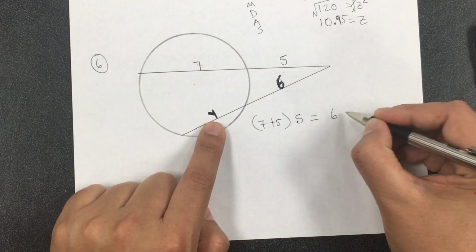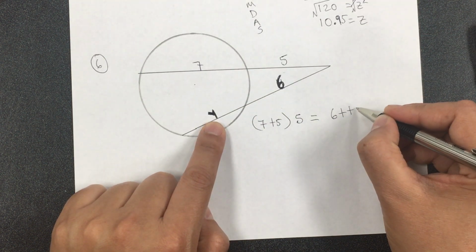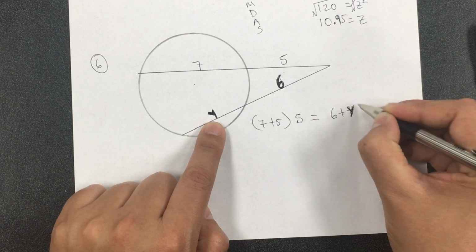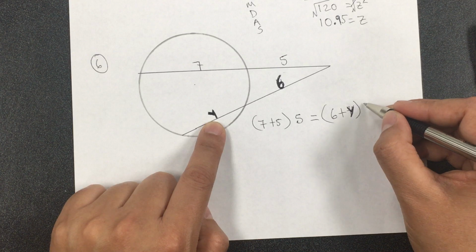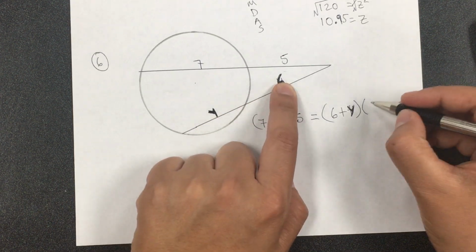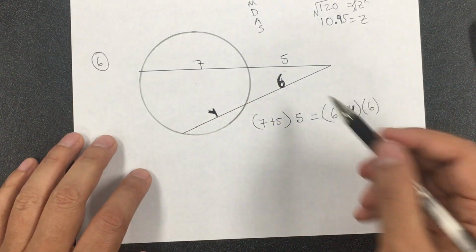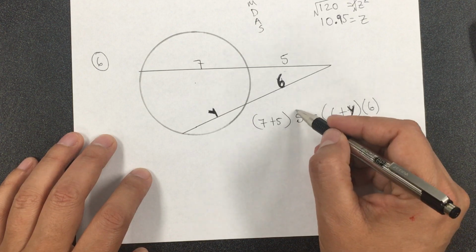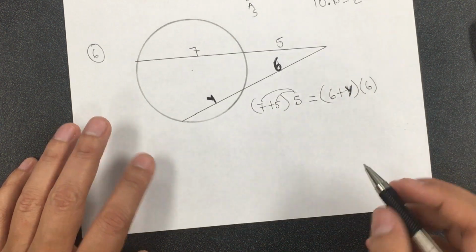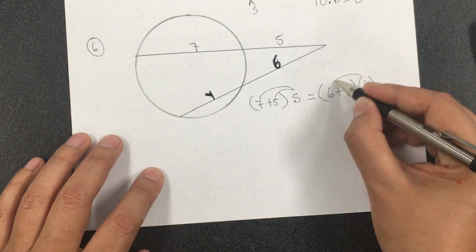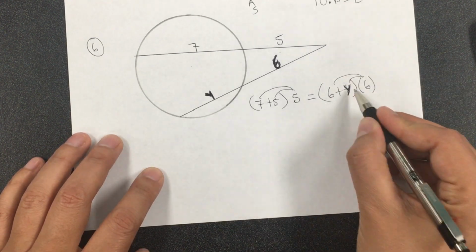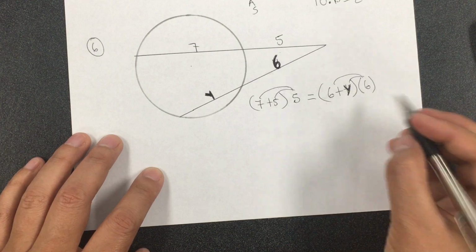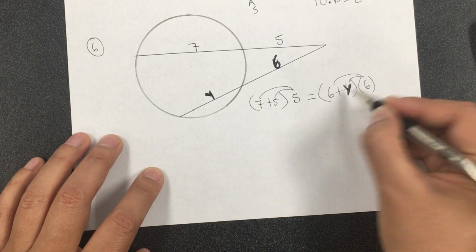So it's 6 plus y or y plus 6, it doesn't matter. Times the piece outside, which is 6. And in here you can do PEMDAS or you can use distributive property. It's up to you. I'm going to use just distributive property. I'm not going to do it both ways. And in here you cannot do PEMDAS. It has to be distributive property because you have a variable in here.